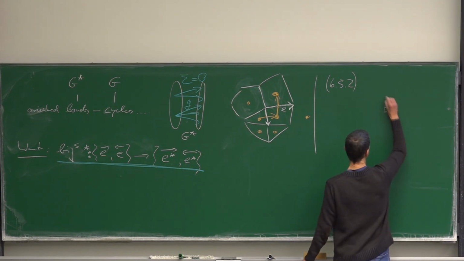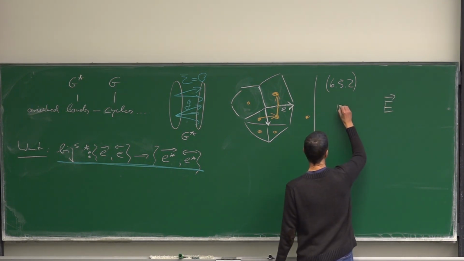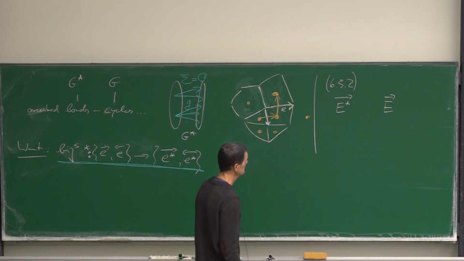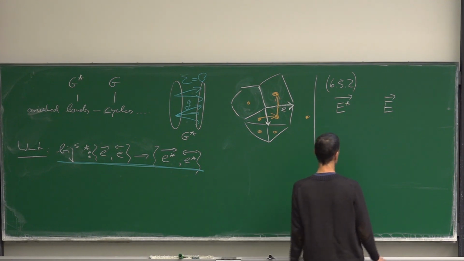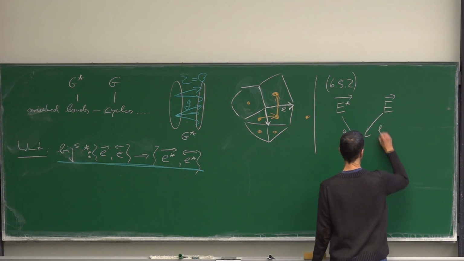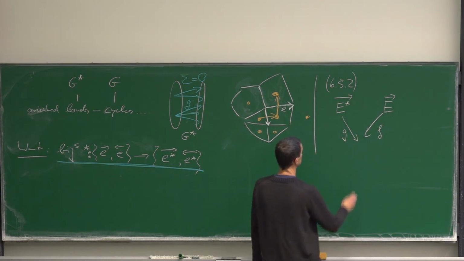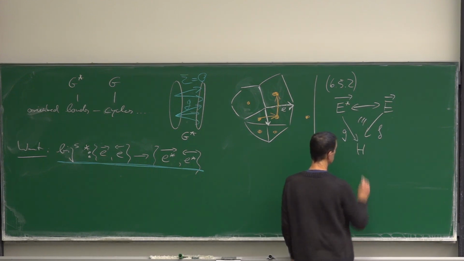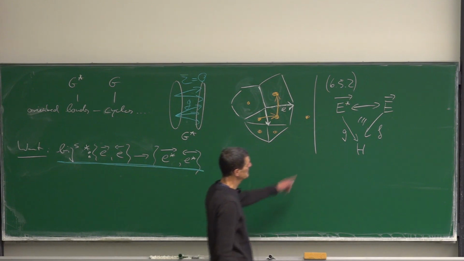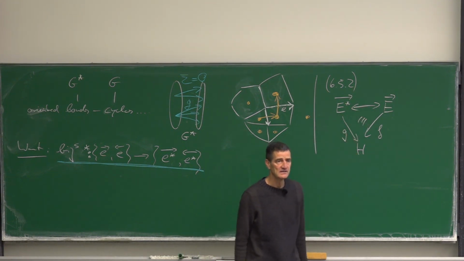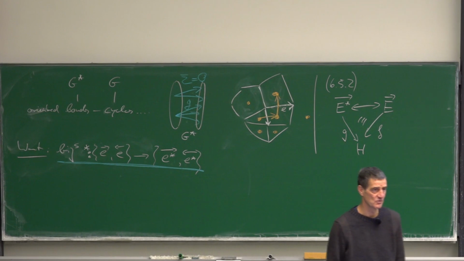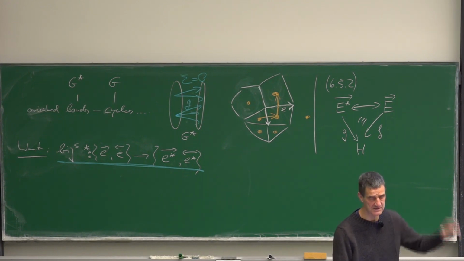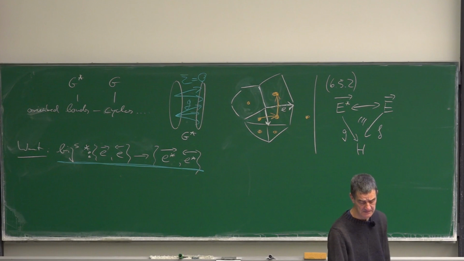So E are the oriented edges of G, E star are the oriented edges of G star, and we're assuming that we have maps which we call F and G, which are compatible to our group, which commute with this bijection whose existence we have just shown or claimed. Right? So that's the setup for the next lemma.